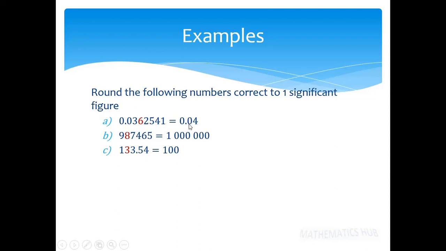On part B, the first digit is 9. We look at 8. 8 is above 5, so we add 1 to 9 and it becomes 10. That's how we got 1 million as our answer. And lastly, we have 133.54. The first number that we have is 1. We look at 3. 3 is below 5, so nothing happens to 1, and our answer is 100.